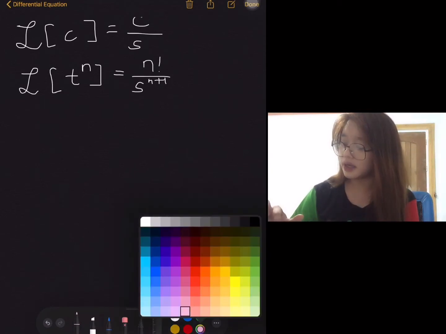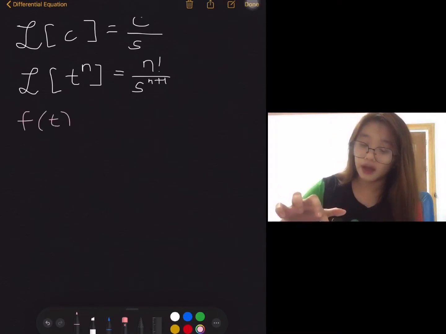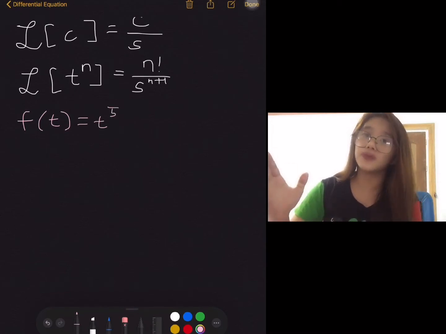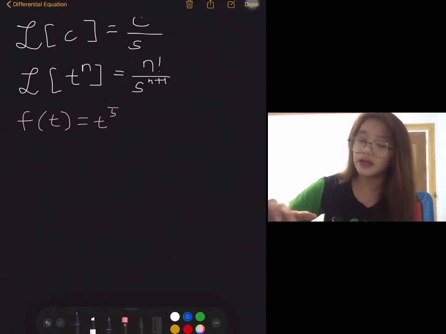Okay, let's have some example for this one. Let's say we have f of t, a function of t, equal to t raised to 5. First, let us determine what our n is. Our n here is 5.